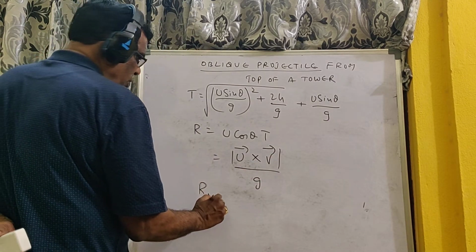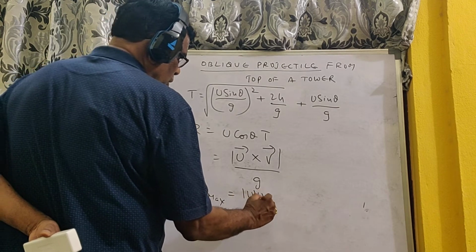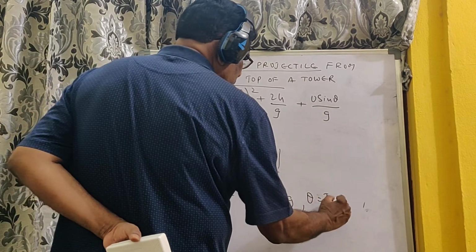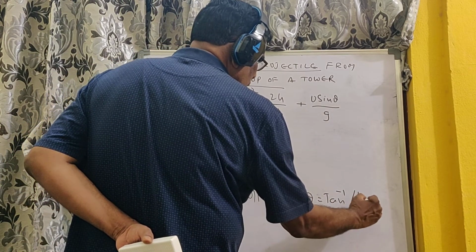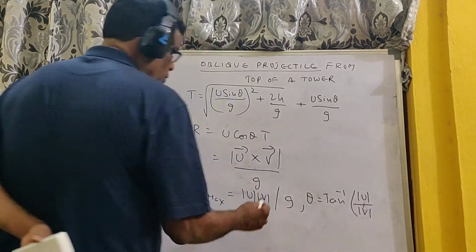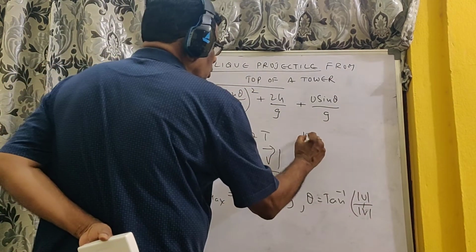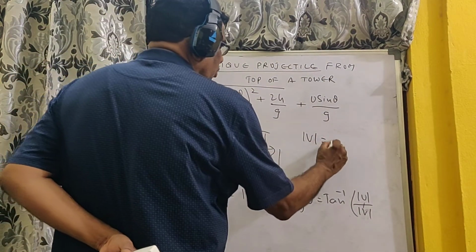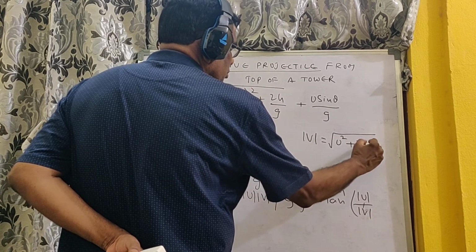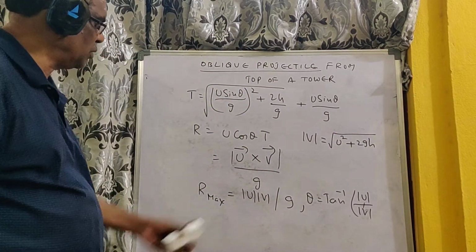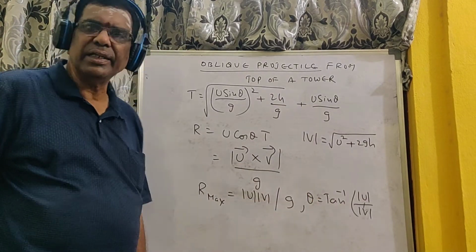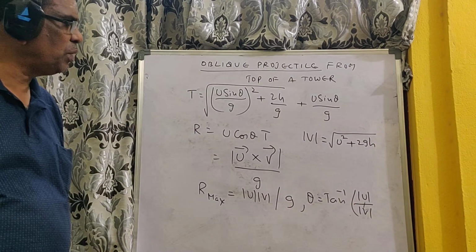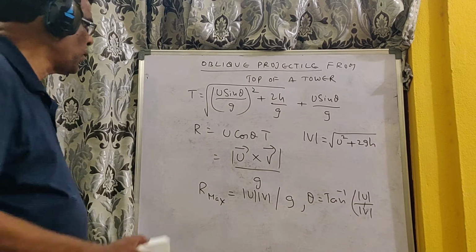And when you go for R max, it is mod u mod v by g, and theta must be tan inverse mod u by mod v. But what is mod v? I have already told you. Final velocity when it is about to touch the point of landfall is nothing but root of u square plus 2gh, which you can substitute here and here. So this is what I have tried to tell you in the oblique projectile from the top of a tower.